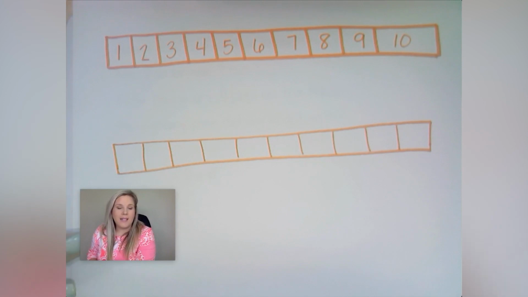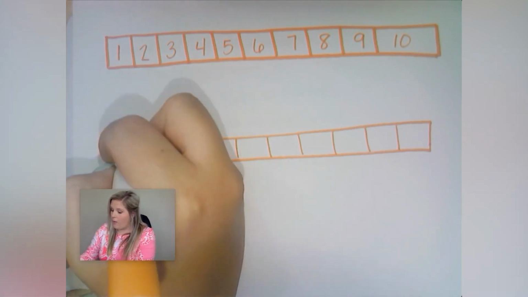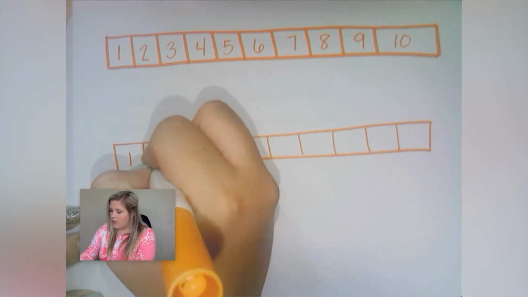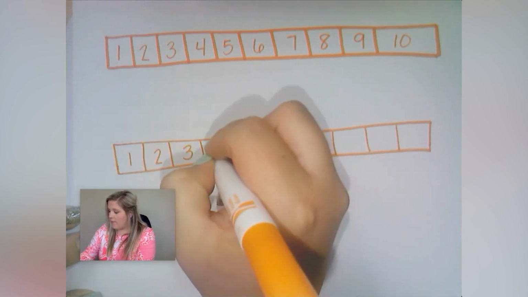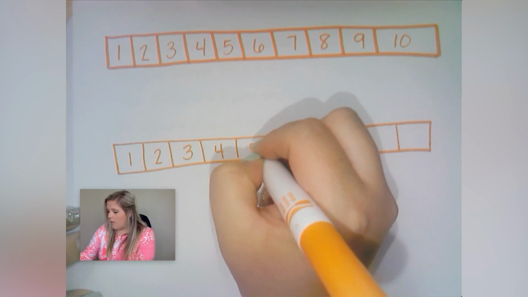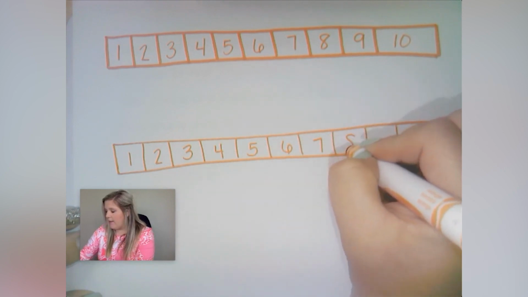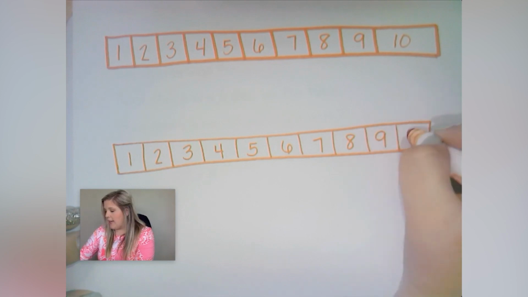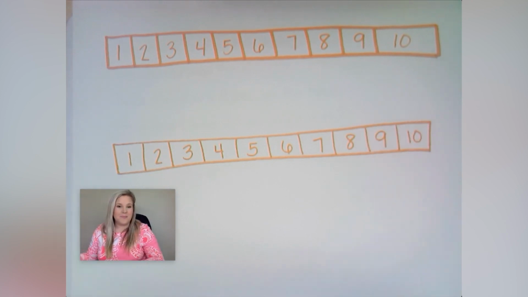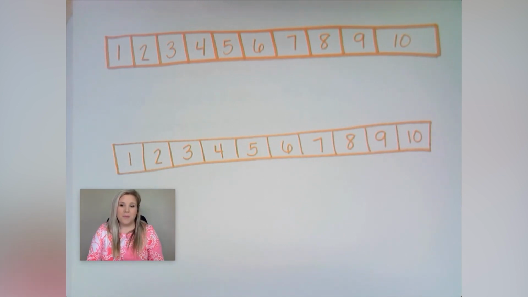And our last step is to add our numbers into our number path. 1, 2, 3, 4, 5, 6, 7, 8, 9, 10. I'm going to give you just a moment to finish up your second number path.